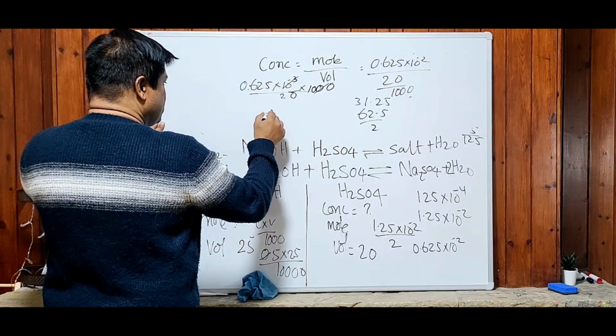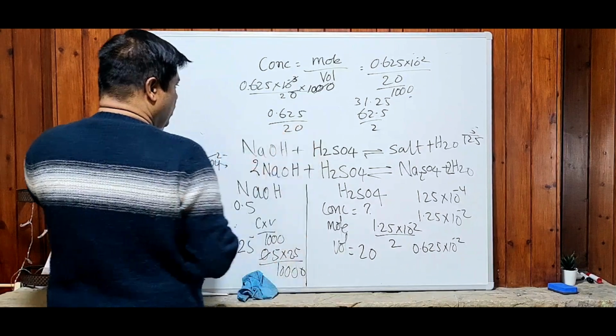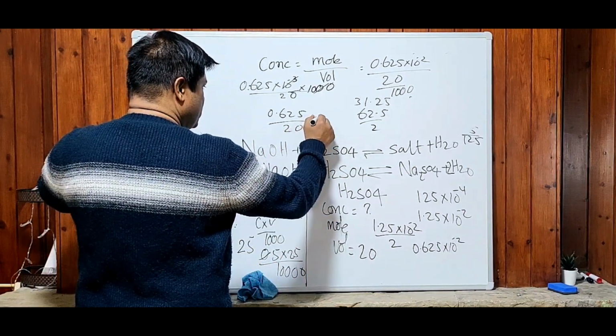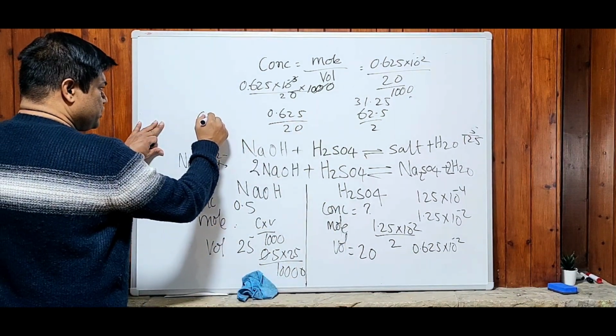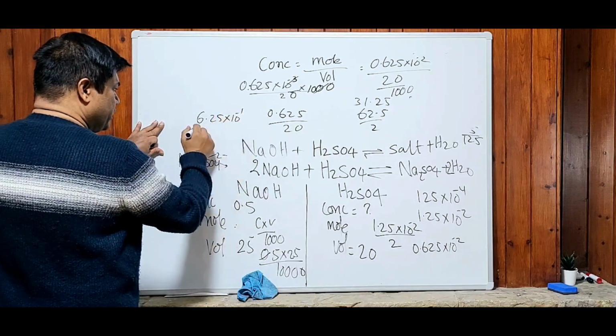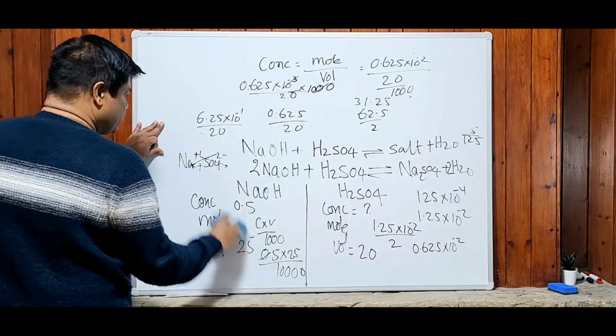So this is 0.625 divided by 20, or you can do 6.25 into 10 to the power of minus 1 divided by 2 divided by 20.